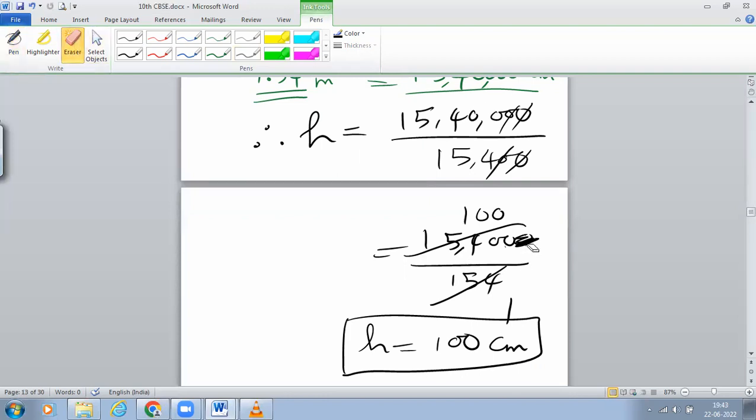Is it easy? Yes, sir. Okay, good. So please note down. If you have any doubt in the basic concepts like conversion of units, I'm ready to explain. You can ask. First, complete the answer up to H is equal to 100 centimeter, and then I'll clarify it.